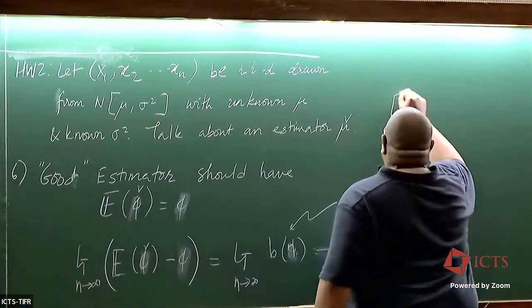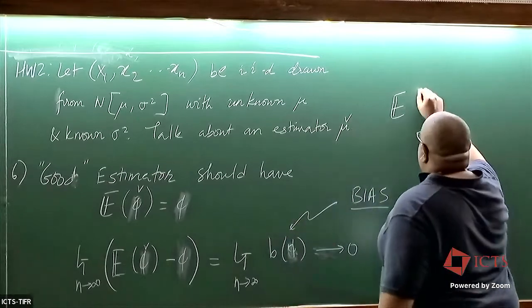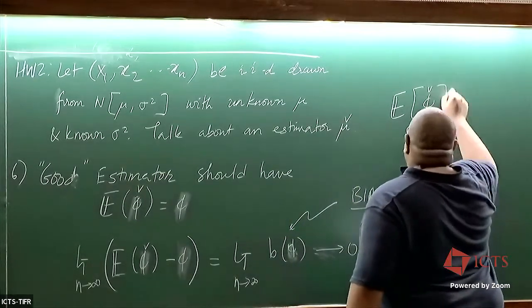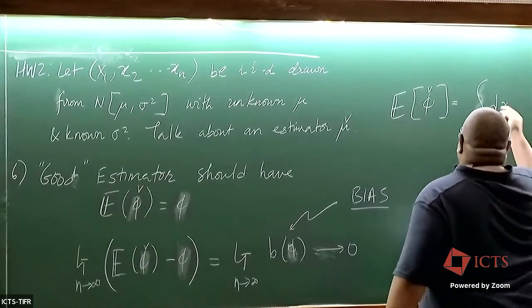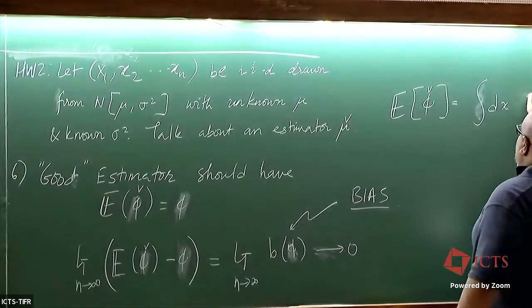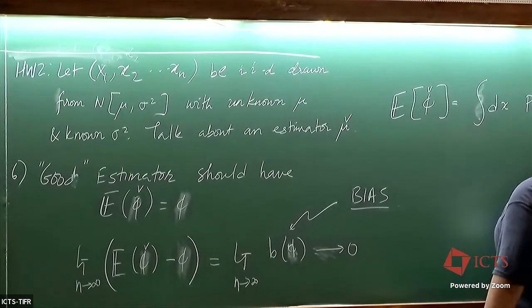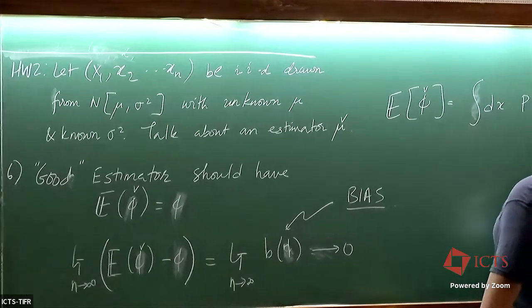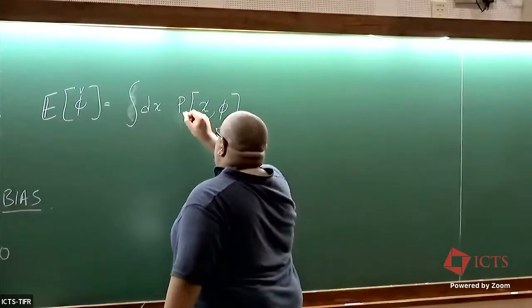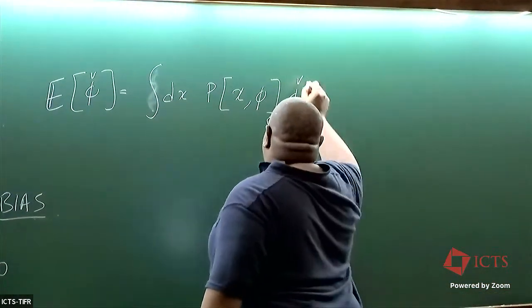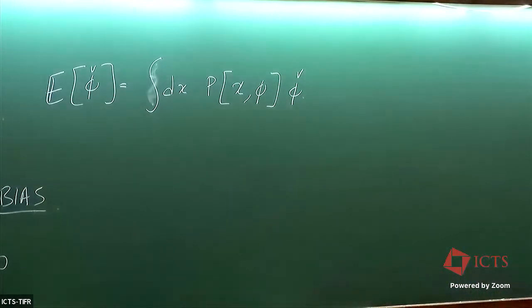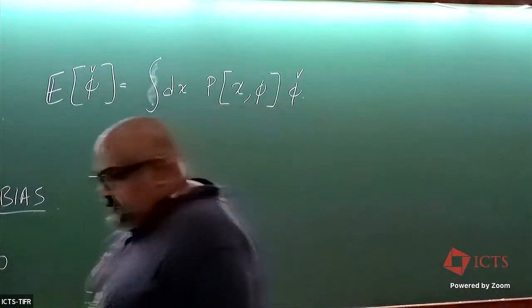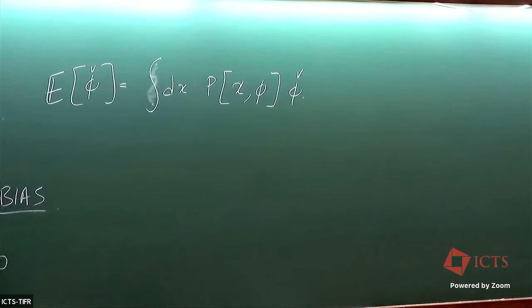Thanks, Saikat. So the expected value of this quantity is just the integral over whatever it is you're measuring, of the probability of the measured quantity given phi, times phi. And so this object just tells you what you should get, basically.